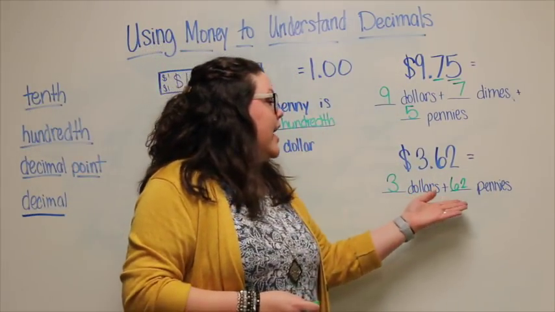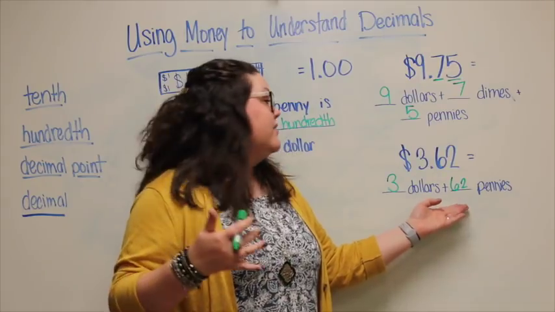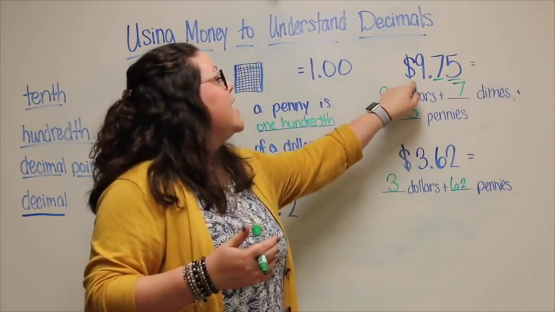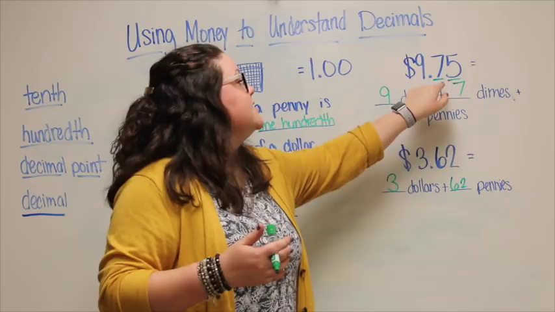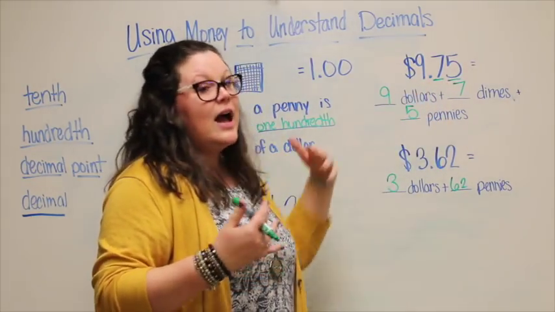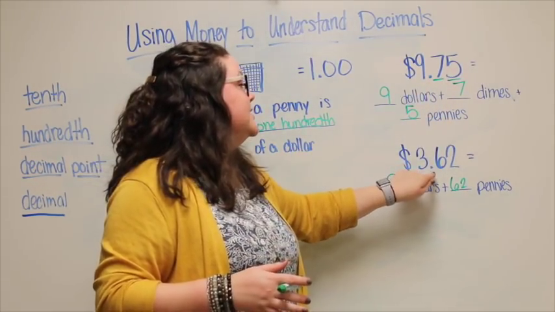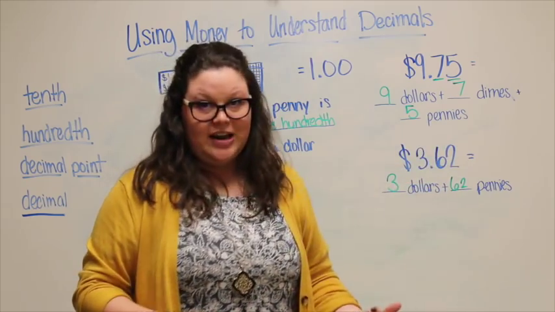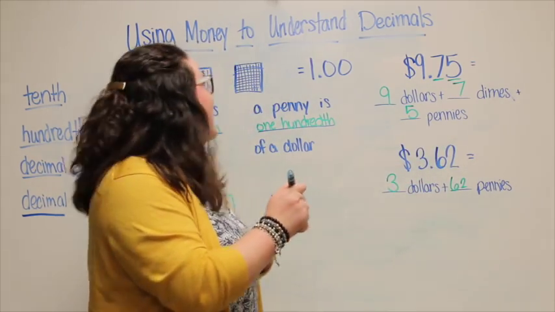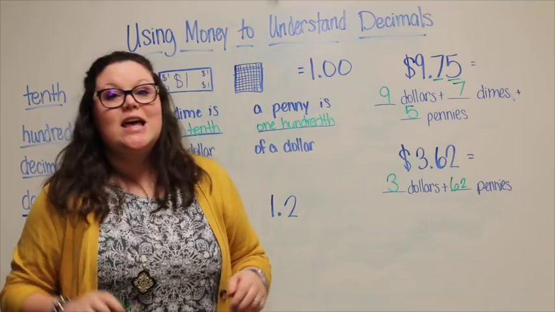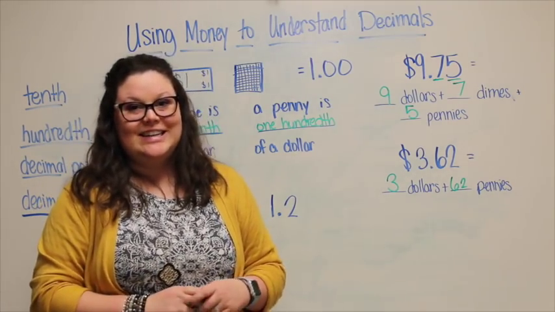So I can also think of it in hundredths instead of saying 9 and 7 tenths and 5 hundredths. I could say 3 and 62 hundredths. So that is a quick lesson on using money to help us understand decimals.